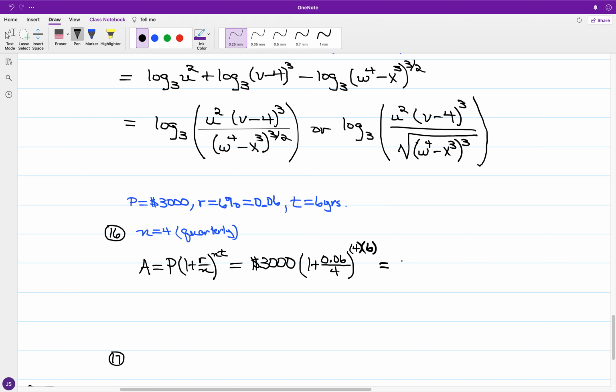Following through, you've got $3,000 and 0.06 over 4 added to 1, so that's going to be 1.015, and then we have to the 24th power. For the number here, we have a decimal.